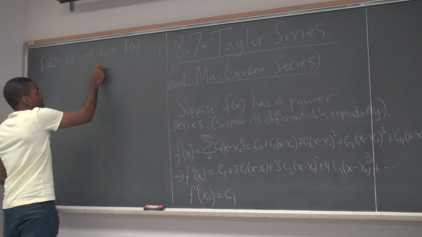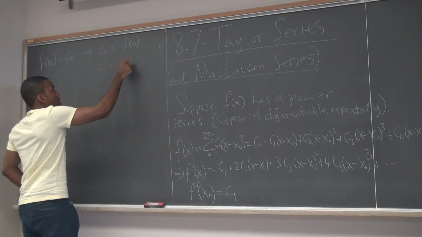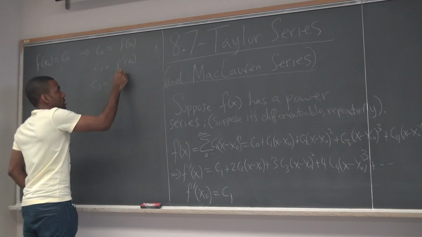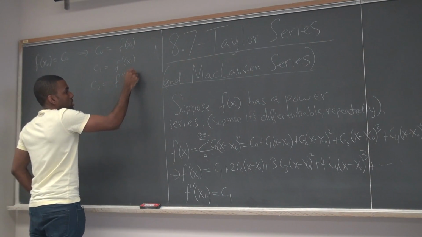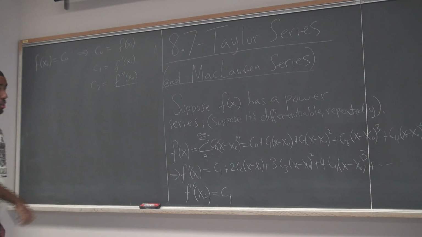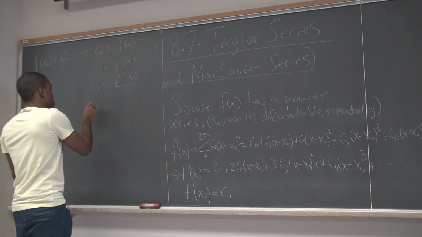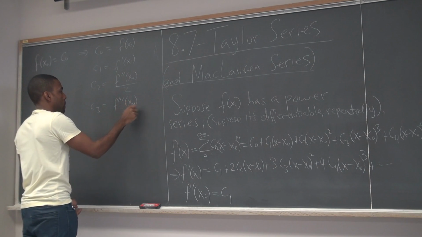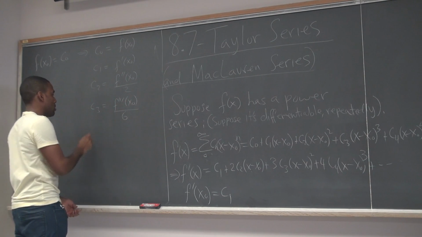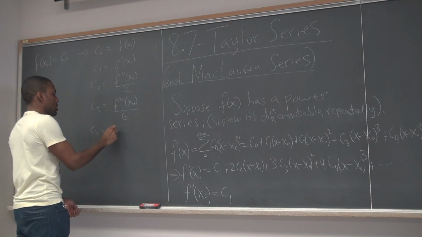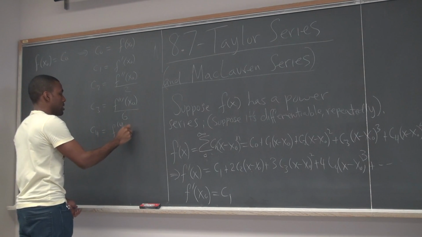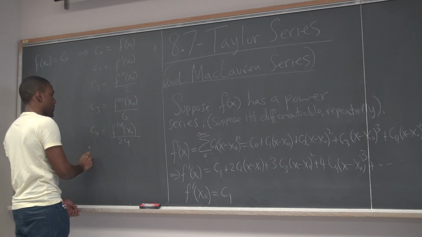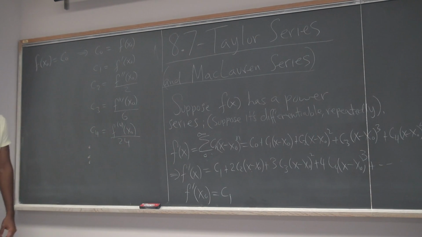I also just found that my C1 is f prime of x naught. My C2 is f double prime of x naught over 2. My C3 is f triple prime of x naught over 6. My C4 is the fourth derivative at x naught over 24. Do we see a pattern?